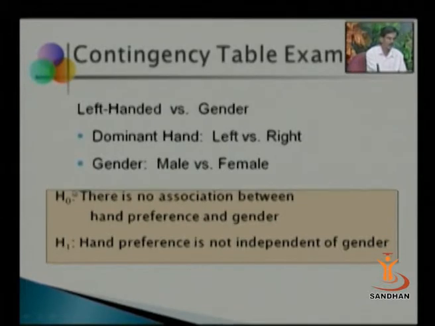In this case, our null hypothesis is there is no association between hand preference and gender. That means hand preference and gender are independent of each other, against the alternative hypothesis that hand preference is not independent of gender.